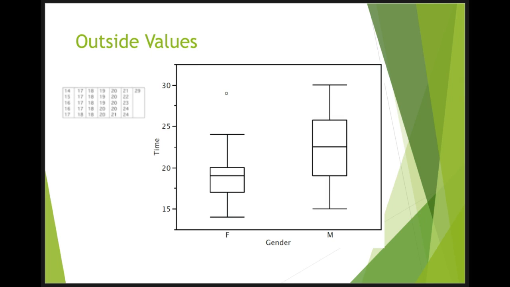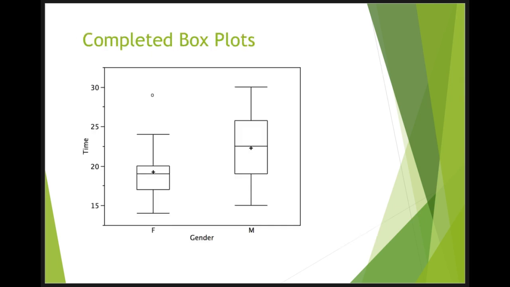Outside values are indicated by small o's. Values that are beyond the outer fence are called far out values. These far out values are marked with asterisks. We do not have far out values in these data. There's one more mark to include in box plots, although sometimes it is omitted. We indicate the mean score for a group by inserting a plus sign.